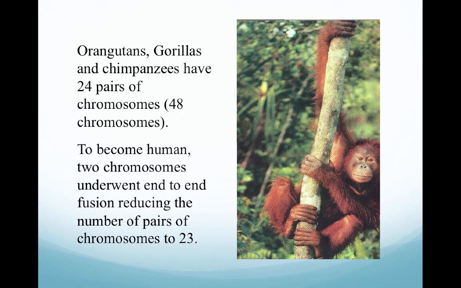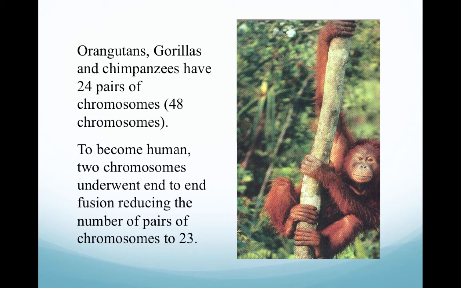All right, so what does all this mean? Well, this has a lot of implications when it comes to some of the organisms that are very closely related to us as humans, specifically orangutans, gorillas, and chimpanzees. They all have 24 pairs of chromosomes, or a total of 48 chromosomes.